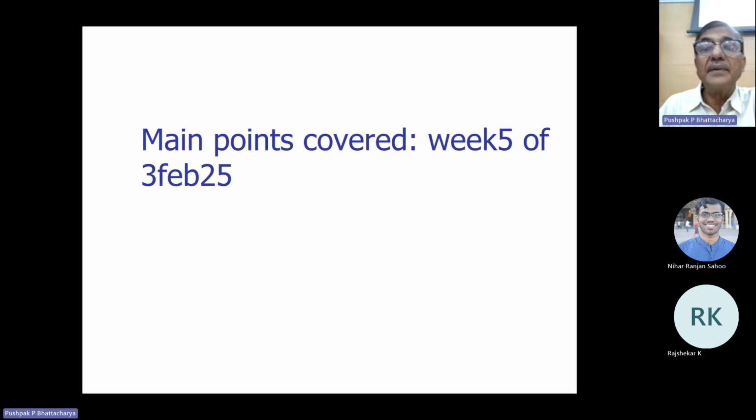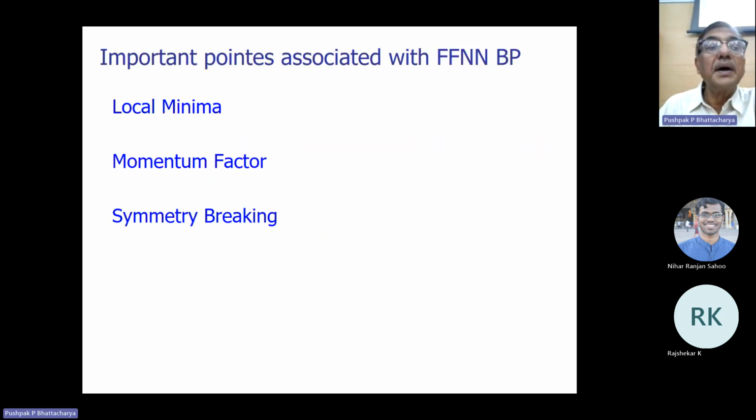Now, what we covered last week was that we got deep into feed-forward network and backpropagation. There were important discussions on local minima. Backpropagation gets into local minimum because of the greedy nature of the algorithm. It keeps on minimizing error. Then a momentum factor is used to accelerate the progress to the minimum.